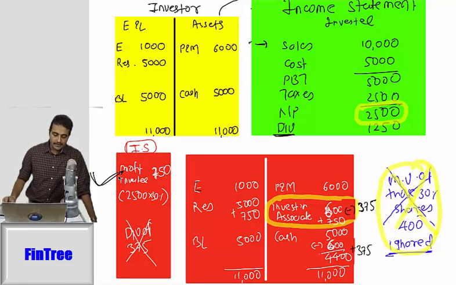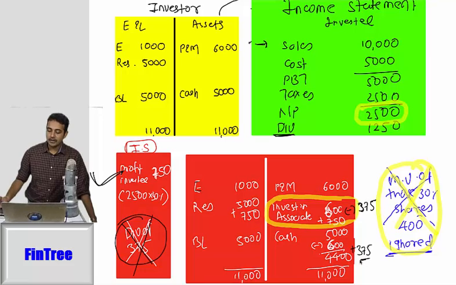So if you recognize that 375 as income again, you would end up recognizing the same income twice, because that 750 includes 375. So that 375 you don't show on the income statement. But then how do you record that? You add that to cash, where it will reduce the value of investment. And that makes sense because the accumulated profit of the investee is 1250, not 2500.